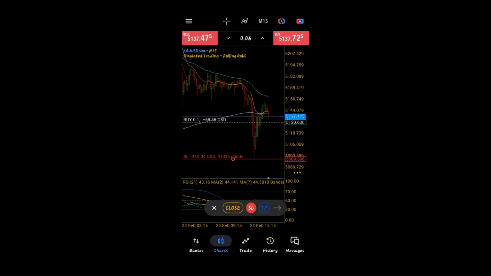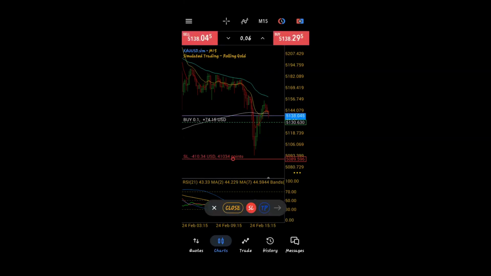See this right here? This is my stop loss now. So let's say I entered right here, right now, and my stop loss is already set, and it's showing me I'm risking $400 with this entry. So that's how that works.